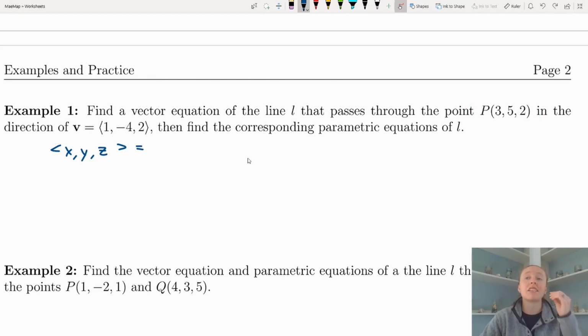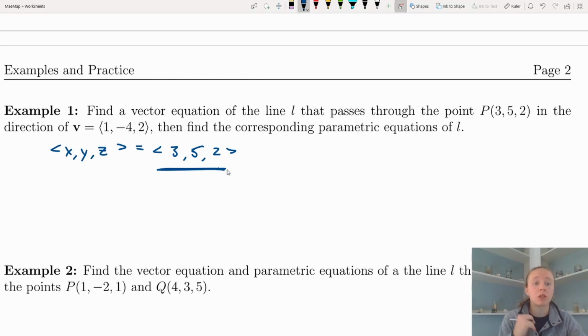Which, remember, it's a vector, so keep thinking that it's always going to be that head minus tail, but we can just take those individual coordinates and put them as vectors. 3, 5, 2. So I just want to reiterate the fact that this is not a point, it's actually the vector. So it has direction and magnitude. And if we put the tail of this vector at the origin, we'd be at the point P.